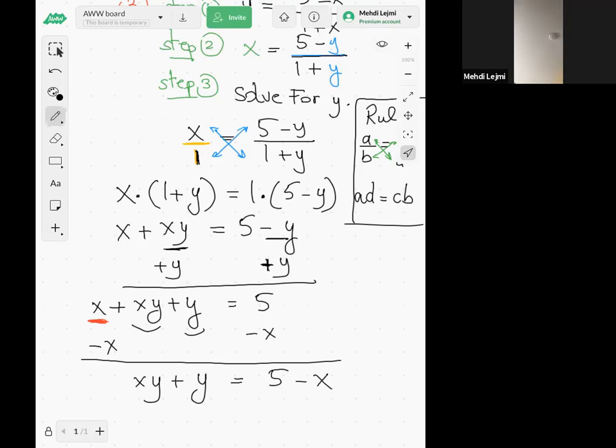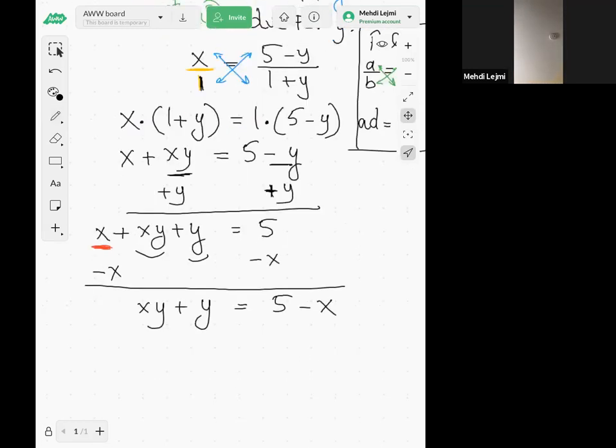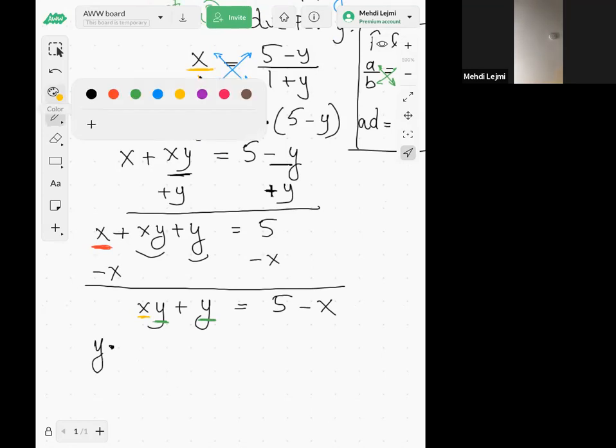Okay, and the idea is once you have all the y's on the same side, now you can factor out your y. So now I can see here on the left side, there's a y here, there's a y here, so it's a common factor. So I can factor out y, so there's y times, and then of course, this is x times y, so it's going to be y times x.